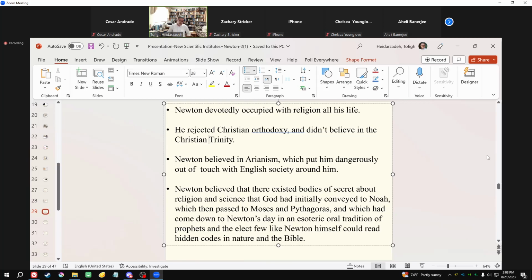Newton believed in alchemy, and with his own hand, he wrote 600,000 words about alchemy, not really to pay attention to practical aspects of alchemy, to make, I don't know, gold out of copper. He had an agenda behind.